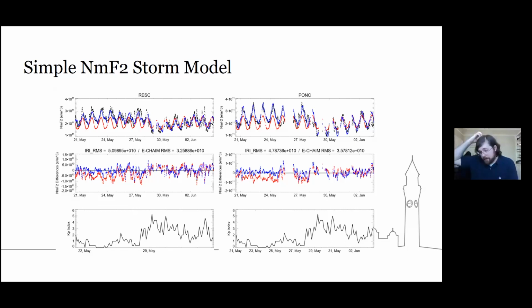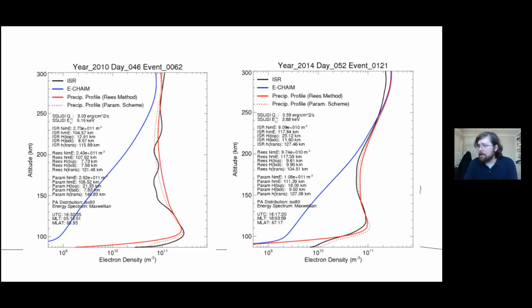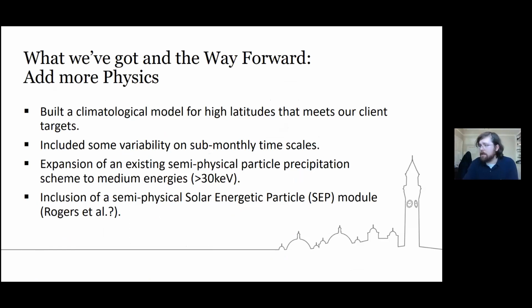No, that's fine. The answer to that is, I didn't mention it here, but we did add in the FIRI D region to this model. It's a quiet time D region model, so take that as what it is. But the biggest thing, and I mentioned it maybe at the end here, is that we don't actually have flares or solar energetic particle events, or polar cap absorption in the model right now.